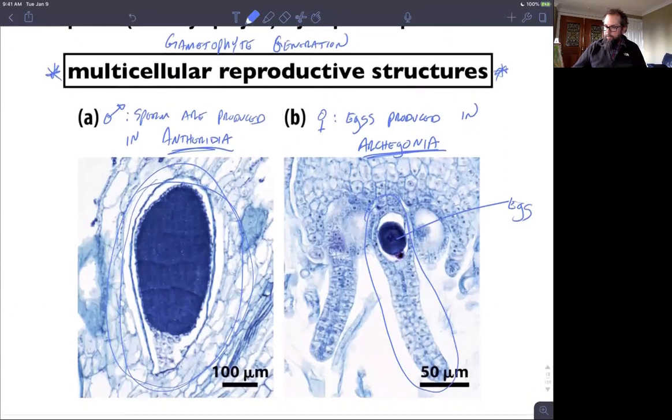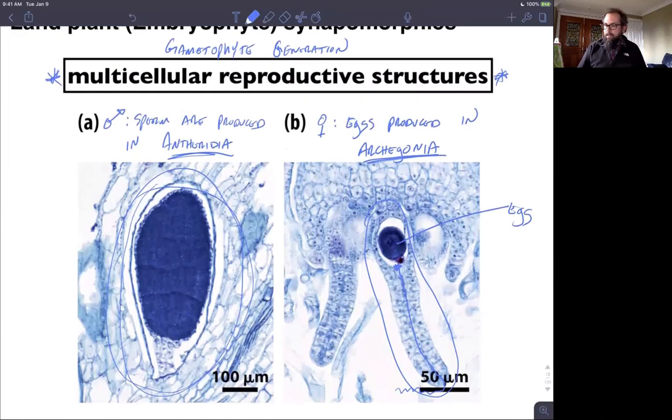In some groups, some plants do have motile sperm that will swim down the neck of the archegonium and enter, where fertilization will occur and form a zygote inside of that archegonium. So the archegonia are the female reproductive structures, and the antheridia are the male reproductive structures. We'll look a bit more at some of these in specific groups.